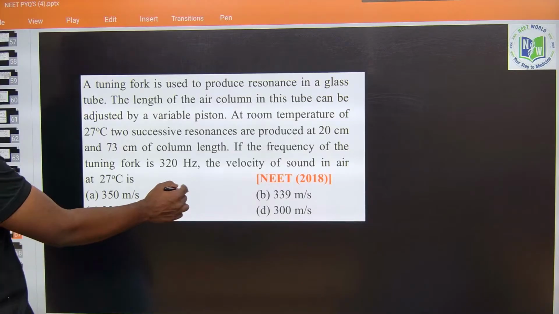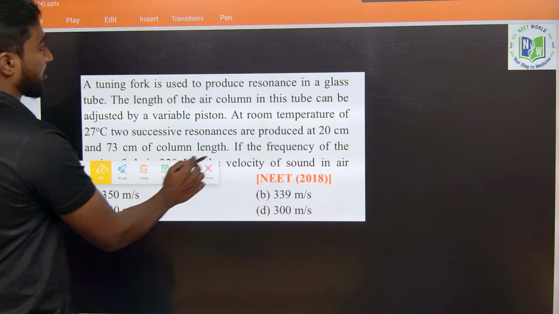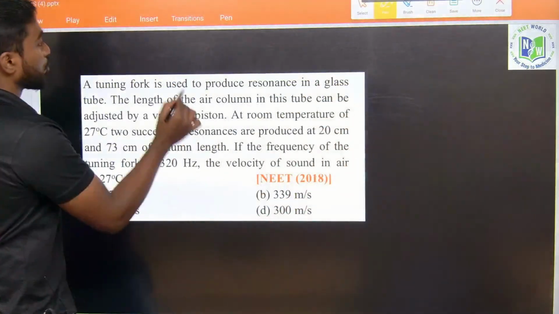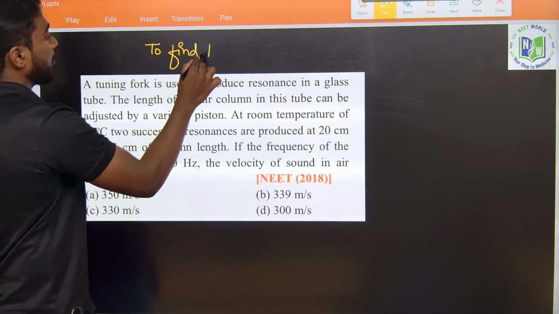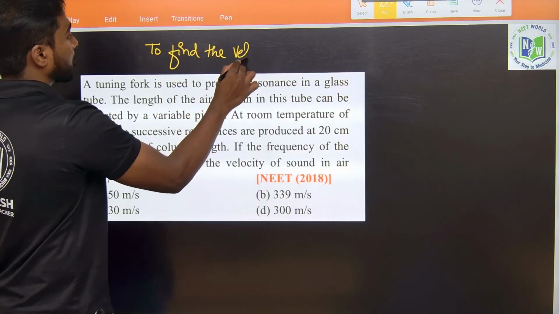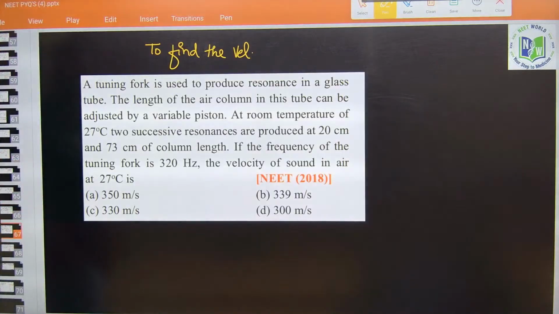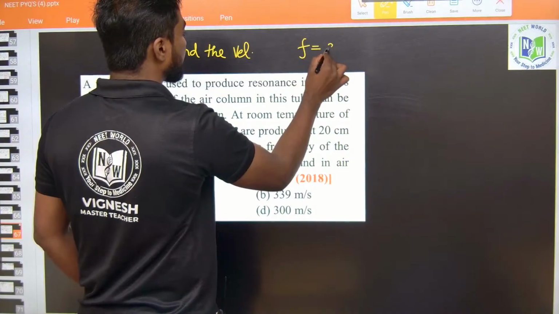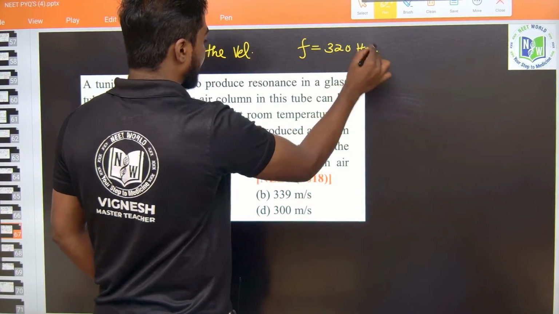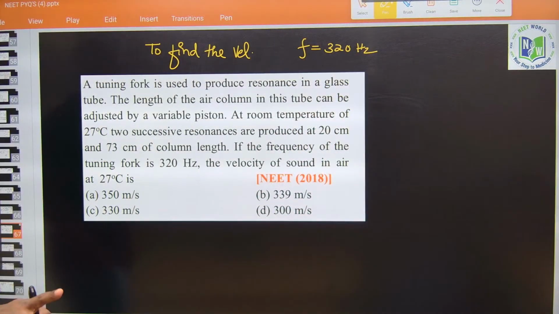So to find the velocity, what other things are given? Frequency is given, f is equals to 320 Hertz, right? And then two successive resonances.